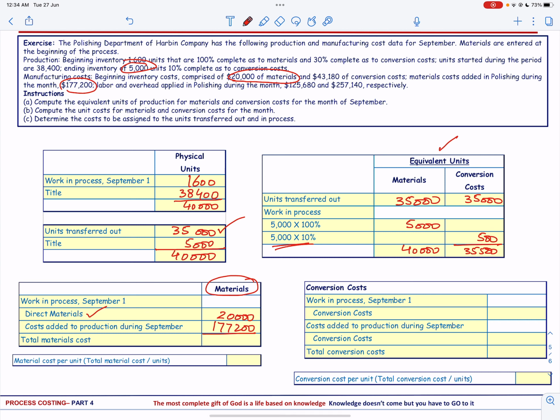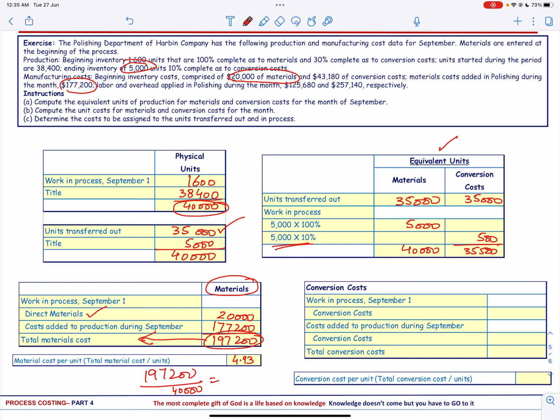So the total will be 197,200. And the material cost per unit will be the total material cost, 197,200, divided by the total units, 40,000, and this will be equal to 4.93.